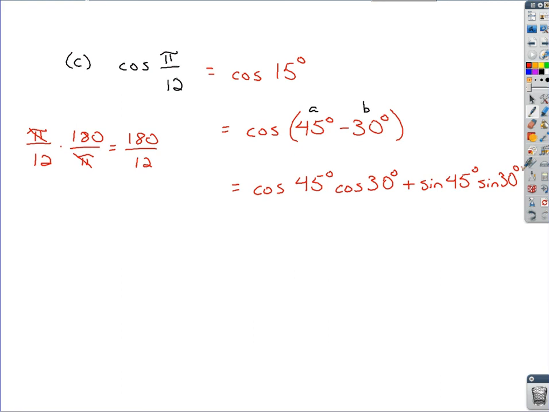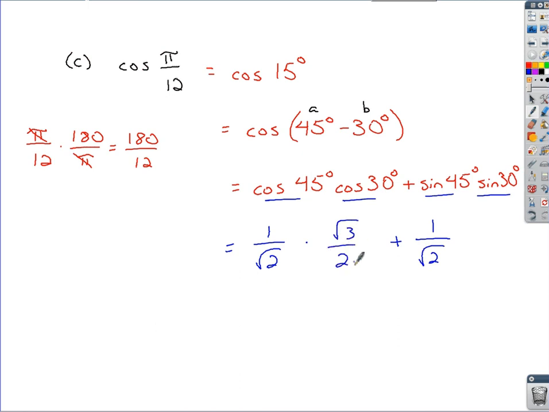All right, I feel like I've seen this before. If you go through and evaluate each piece, the 45s, we've got 1 over root 2. Transfer down. And these 30s, we've got to look at the 30-60 right triangle again. Cosine, adjacent to 30, is going to be root 3.